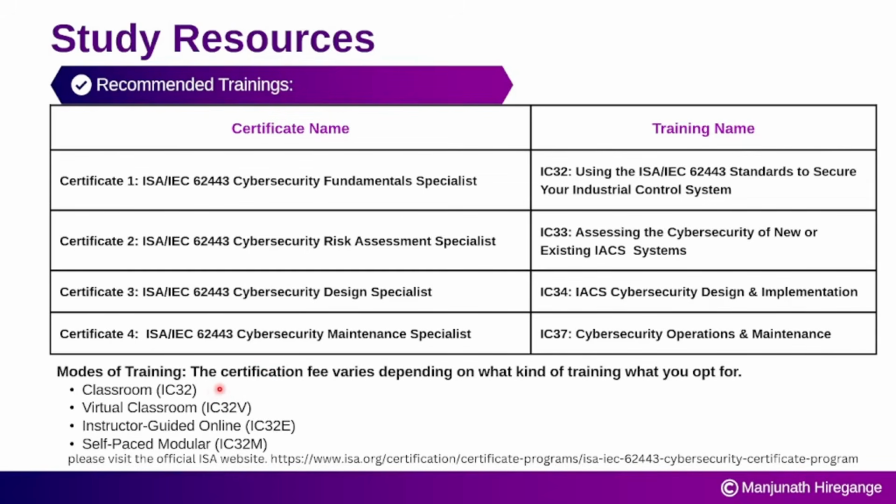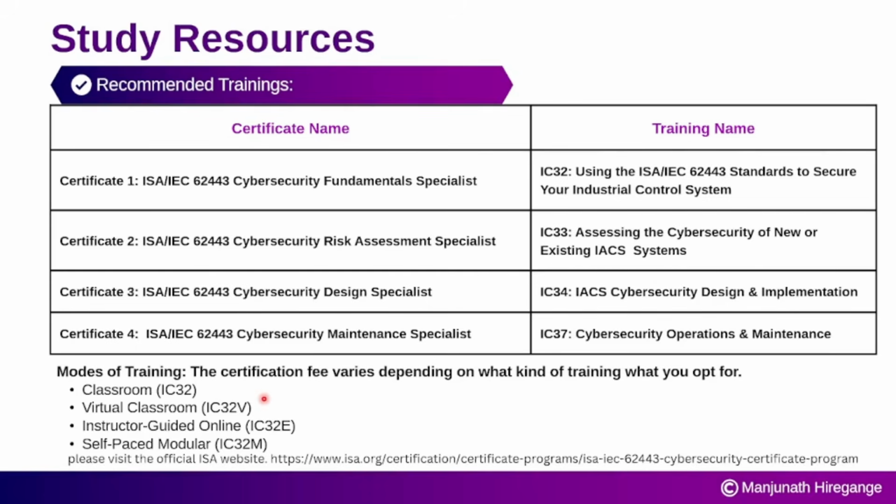There was one more doubt, actually, about which of these modes you have to choose. As I said, it depends on the individual, but what works best for me is that I am a person who likes to go at my own pace. For the first one, I chose IC32V, which was a 2-day course, from morning to evening, eight hours per day.